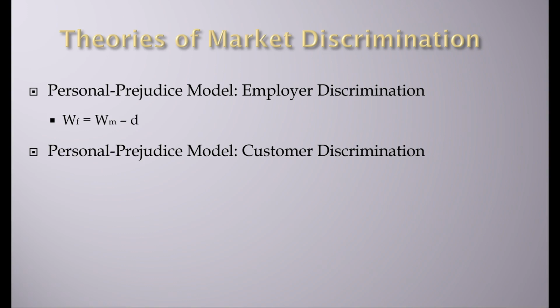The second type of personal prejudice model is the consumer or customer discrimination one. Now, this is where discrimination becomes necessary if the employer wants to maximize profits. And the reason why is because there are some times when customers prefer to avoid being served by certain demographic groups.